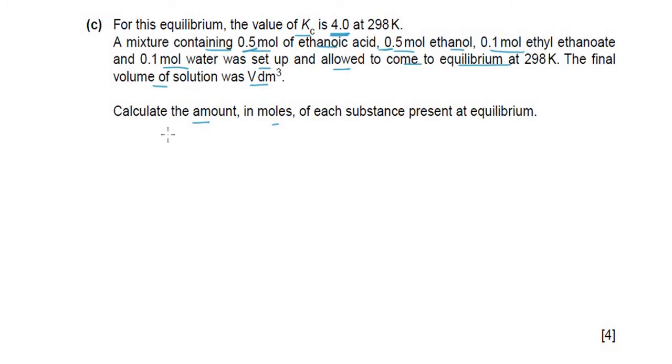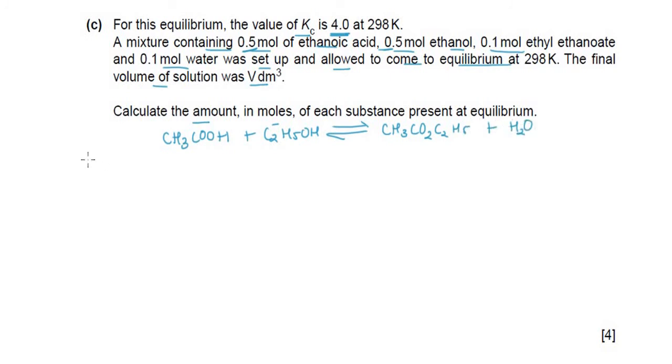So let's start by writing the reaction first, that is the carboxylic acid with ethanol, C2H5OH, which gives ethyl ethanoate, that is CH3CO2C2H5, plus water.